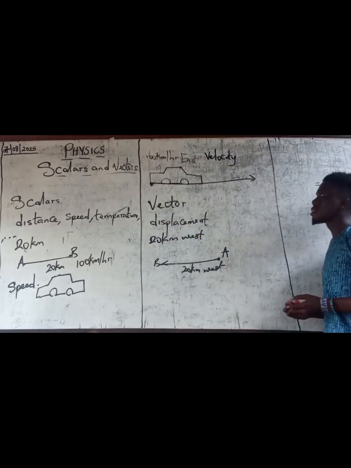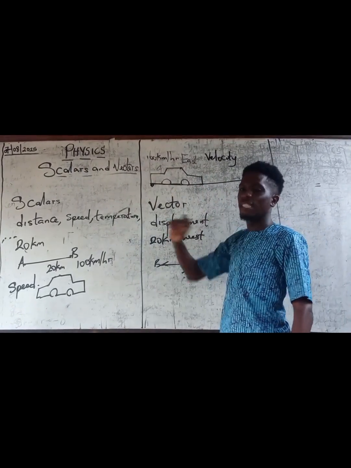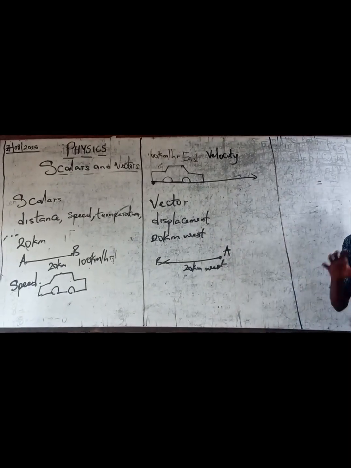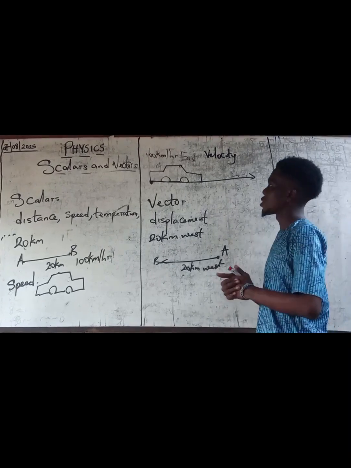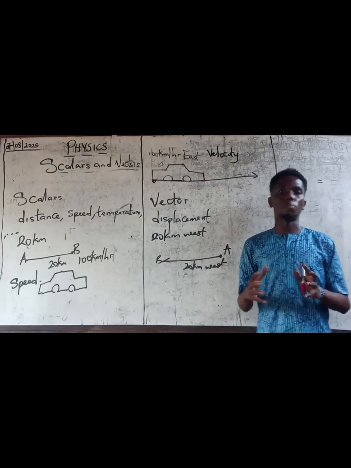This is velocity, and why is that? Because direction is specified. So please, one thing you need to know is that scalar quantities have just magnitude, while vector quantities have both magnitude and direction. Now that we've established that, let's quickly look at some of the things that are important here.